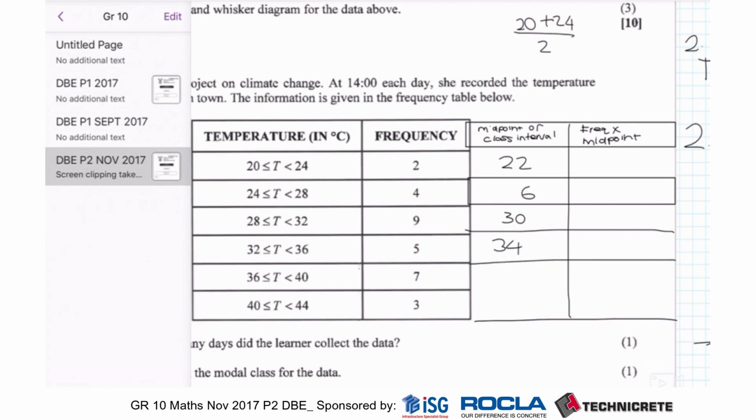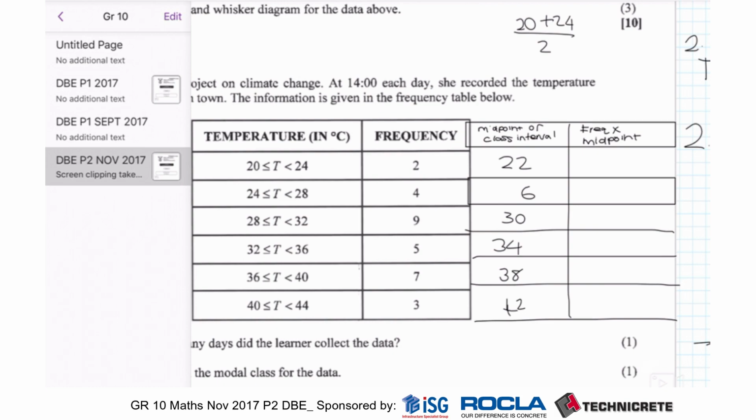Next one, 36 plus 40 divided by 2, 38. And then 40 plus 44 divided by 2, 42. Okay.